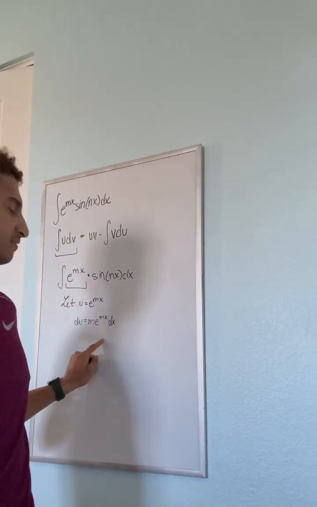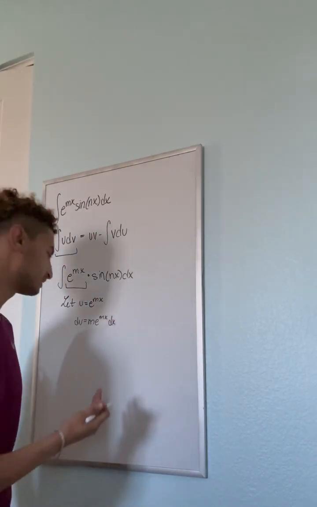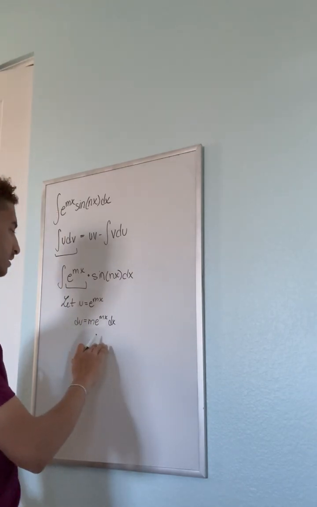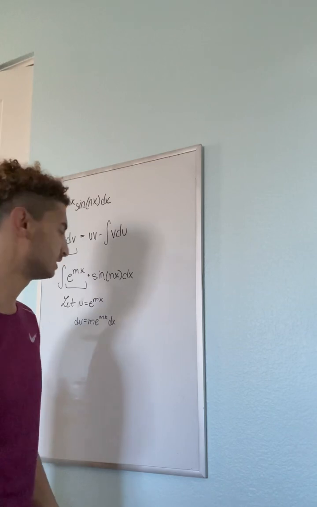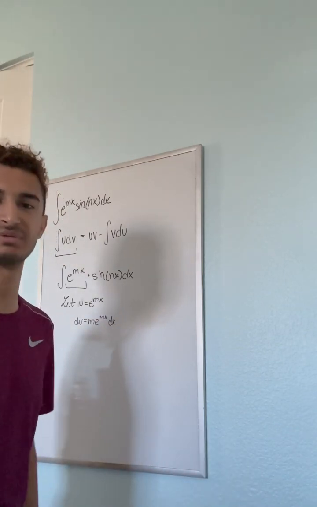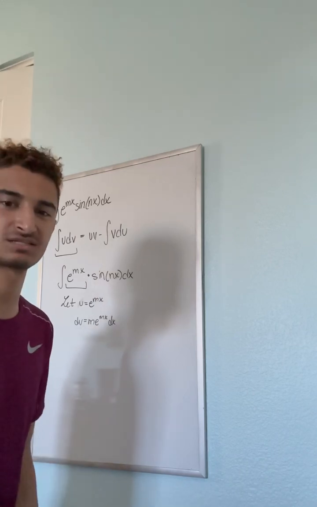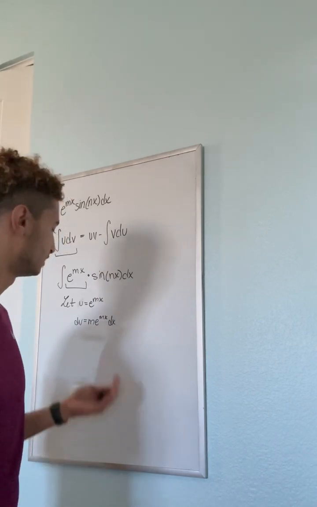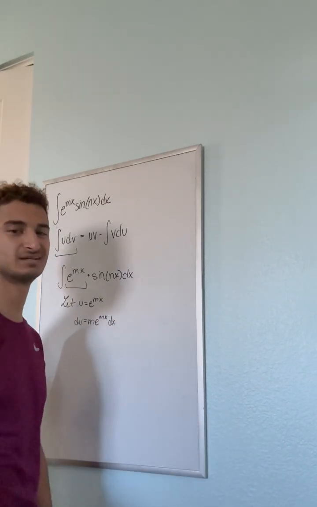You guys might have seen this in your Calc 1 class: you treat mx as regular x, and then you multiply it by the derivative of mx, m being just a number. It's like taking the derivative of 2x. The derivative of 2x is 2, that's why the m is just getting multiplied using the chain rule.